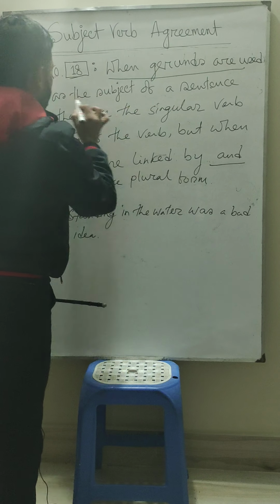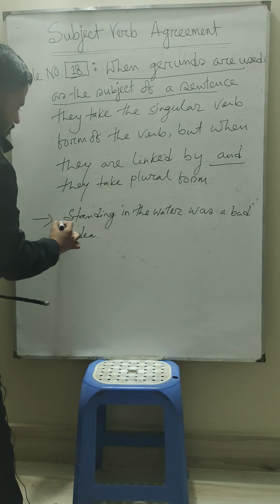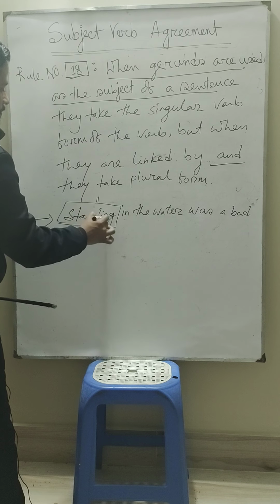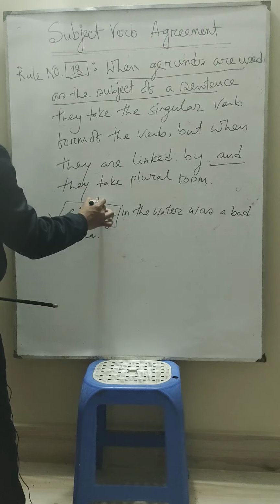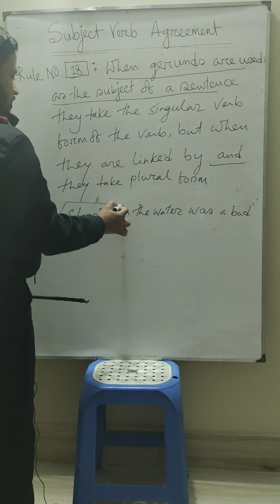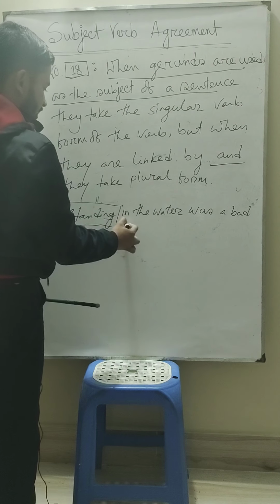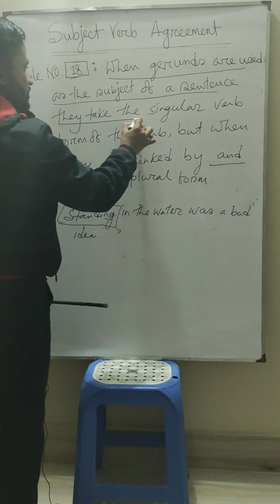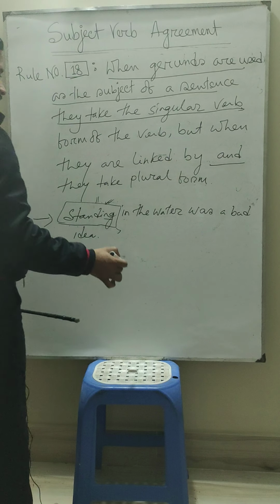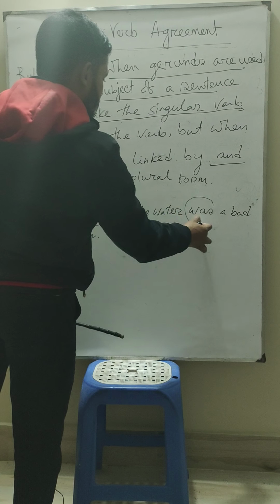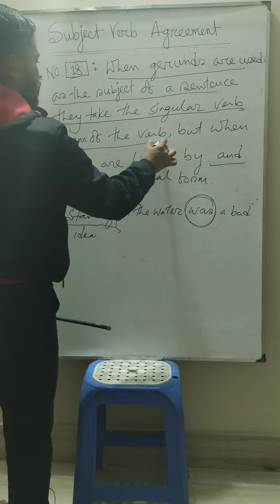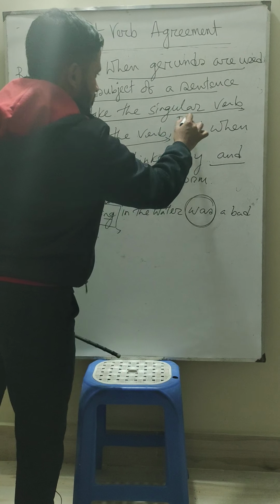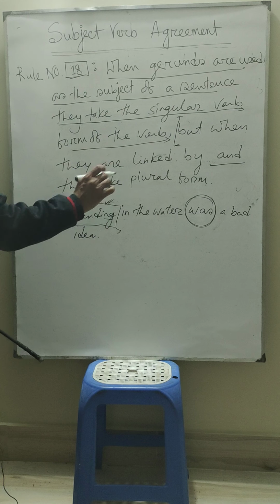When gerunds are used as the subject of a sentence, for example standing, the gerund is the subject, and it takes a singular verb form. This rule is for the next example.